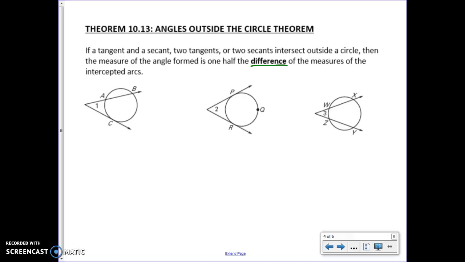So we're going to subtract the arcs. So since they're outside, we have the measure of angle 1 is equal to 1/2. And we're going to do the further away arc minus the closer arc. So BC, so the measure of BC, minus, instead of plus, the measure of arc AC.